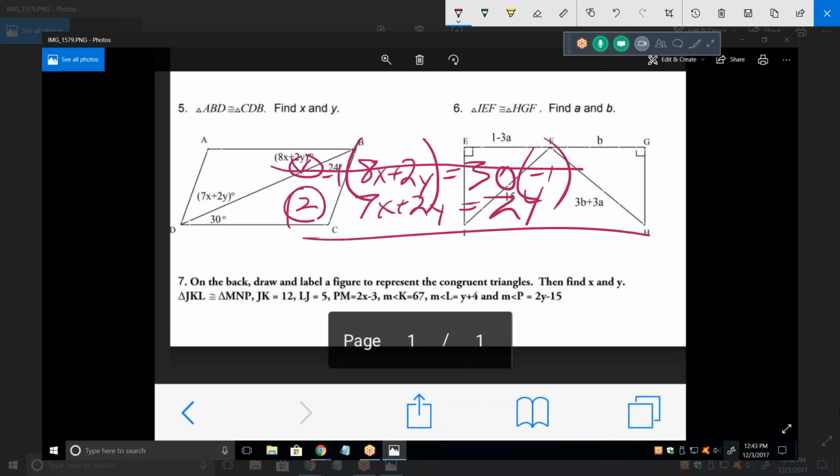What do you get? 1x equals 6. Notice how much easier that was to subtract the two equations. We solved it in one step.